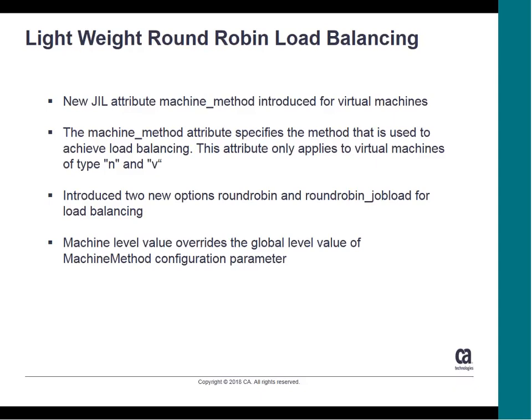So this is the difference between round-robin and round-robin job load. And this machine method attribute is applicable to machines of type N and type V.